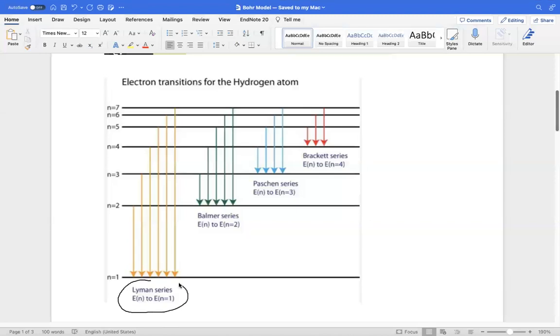And so in the Lyman series, m, or our lower energy orbit, is always going to be equal to 1 because the electrons are going down to that m equals 1 orbital. In Balmer series, m is going to equal 2, and so forth. I most often see Lyman and Balmer come up, but of course, you'll have to see what they focus on in your own chemistry course.